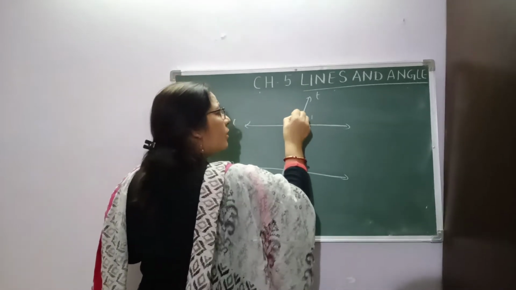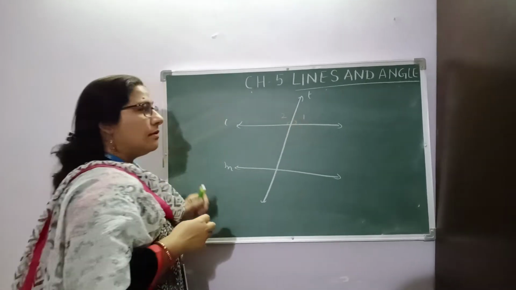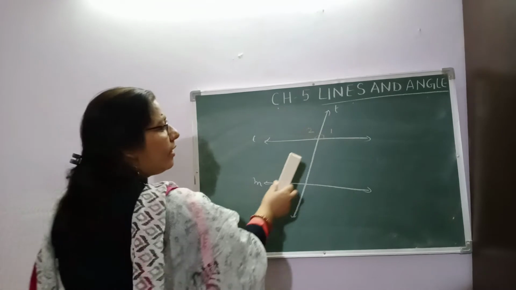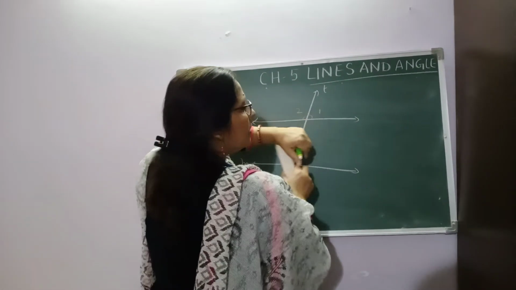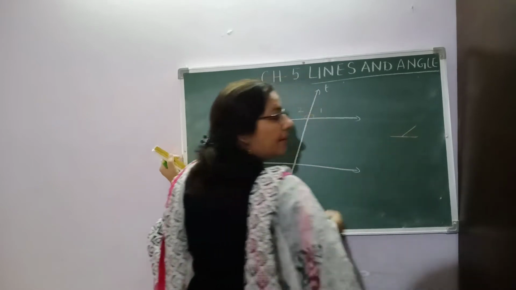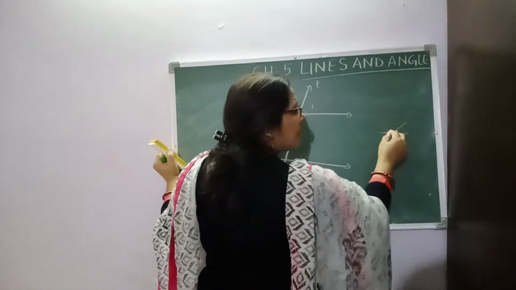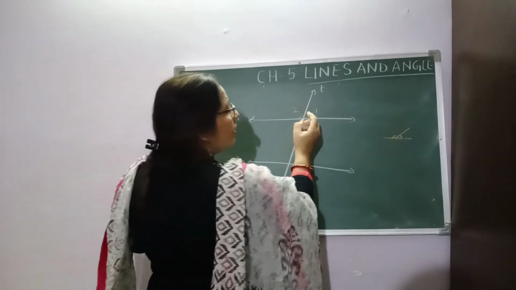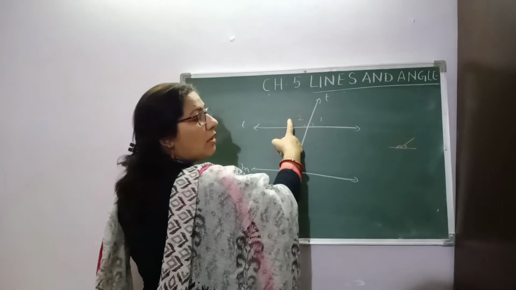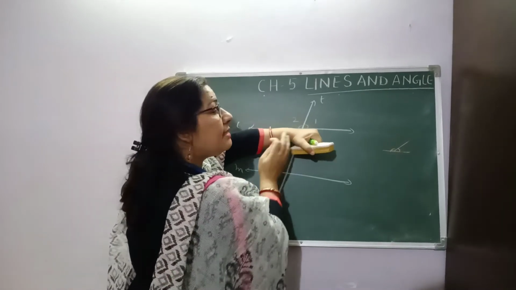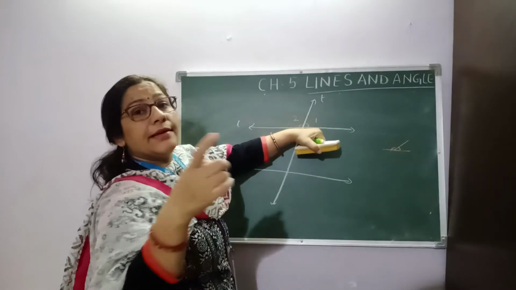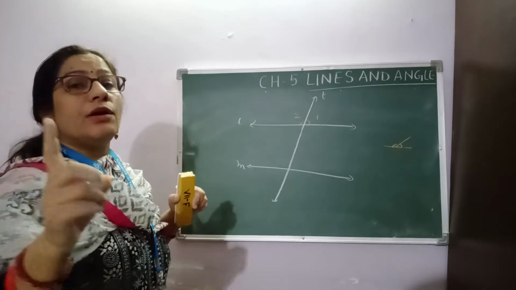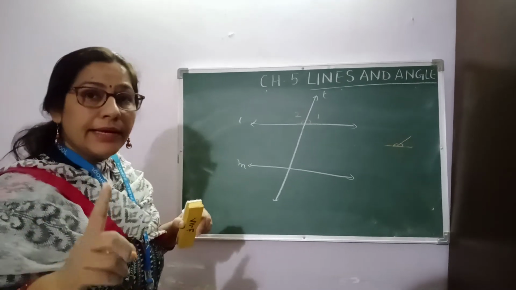Angle 1 and angle 2 form a linear pair, and the sum of a linear pair is always 180 degrees. So if angle 1 is given and angle 2 is not, you can easily judge that you can apply a linear pair. So the sum of angle 1 and angle 2 is 180 degrees due to the linear pair.